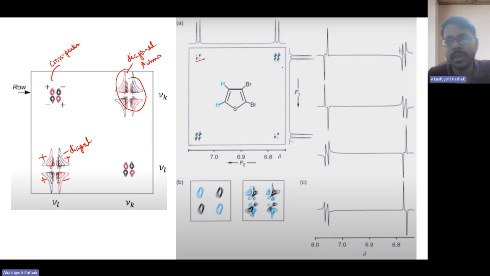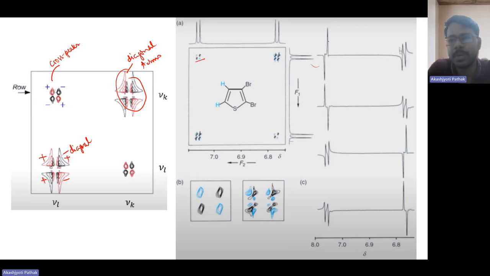But in the 2D spectrum, you see here that these are the off-diagonal elements, the cross-peak elements, and these are the diagonal elements. For this molecule, the 2D COSY spectrum has been recorded. The spectrum on the right side is a cross section, or side view, of how this spectrum looks.